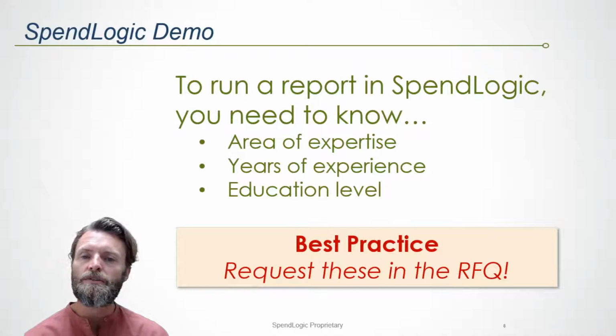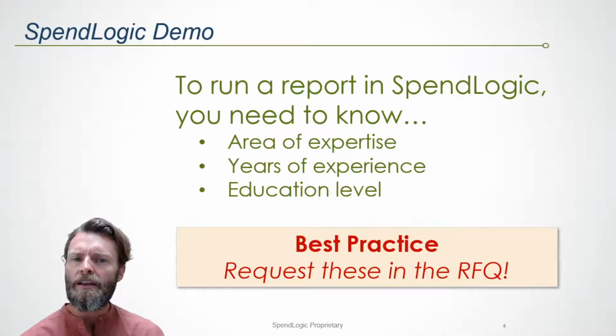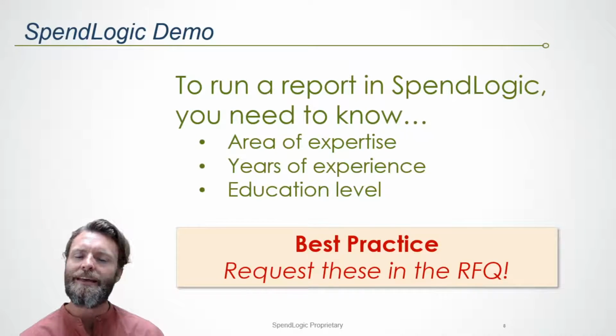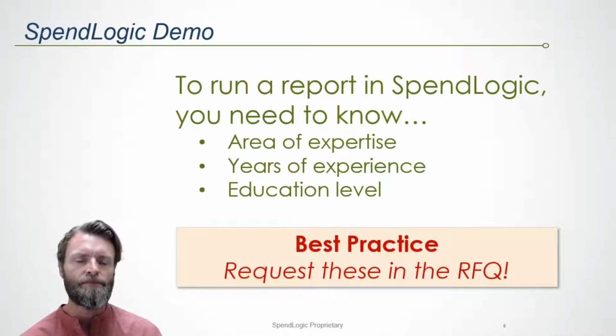The other two, years of experience and education level, you may or may not know those. Within your own company, you have leveling systems that talk about how many years of experience and what education you have, and then it typically aligns people as a senior, a junior, mid-level, or whatever it is. Those become very important in SpendLogic. That's how you compare different titles across companies.